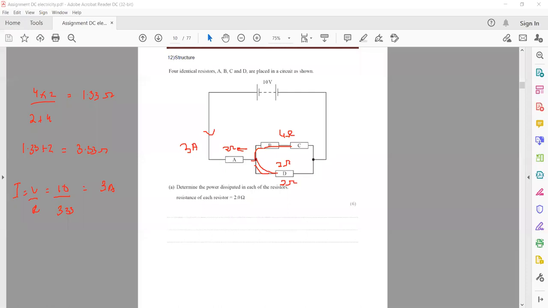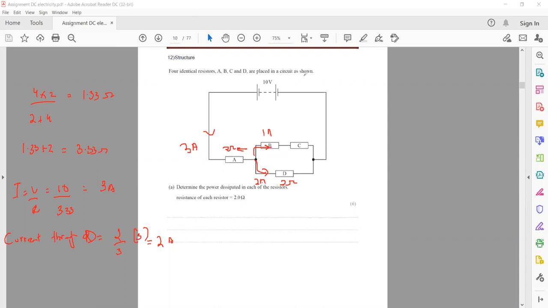So the current through D will be equal to 2 by 3 of 3 amperes, which is equal to 2 amps. If 2 amp is passing through this one, the remaining 1 ampere will pass through the other branch.